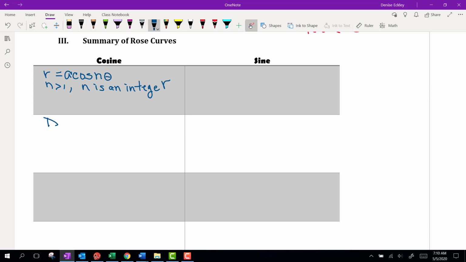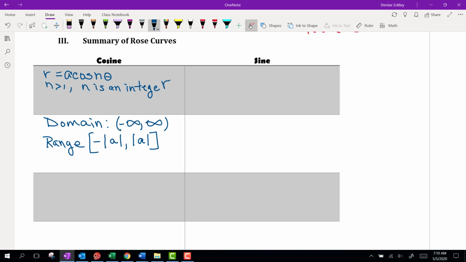The domain for these, since we're relying on cosine, is all real numbers, because cosine can take on any value of theta. And our range has to take into account that a could be negative because we're not putting restrictions on it. So it's negative the absolute value of a to the absolute value of a. That's our range. And you'll see that a is how long the petals are.